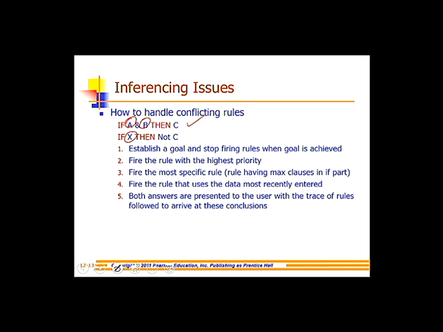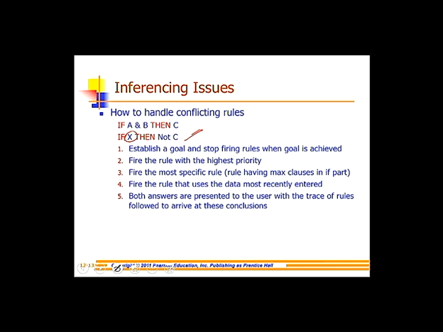So if there is a rule, let's say in case of rule 1, A and B was added previously, but X is added most recently, it is the most recent information, then we will trust this rule. Okay, so again this is one way. And the last is both answers are presented to the user with the trace of rules followed to arrive at this conclusion.